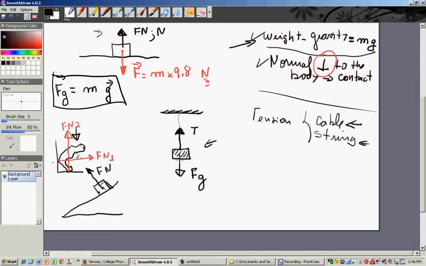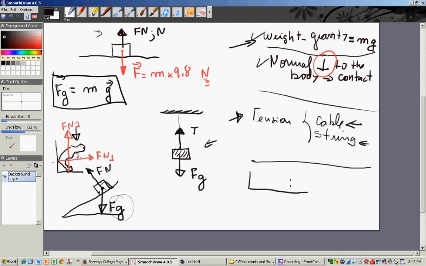Because of its weight, because of its gravity force, Fg. So in this situation I have a tension and a vertical downward gravity force. Now in the previous example I forgot to indicate the gravity force, which is always vertical and points down, acting on the block. So there is a normal force perpendicular to the surface, and a downward gravity force.